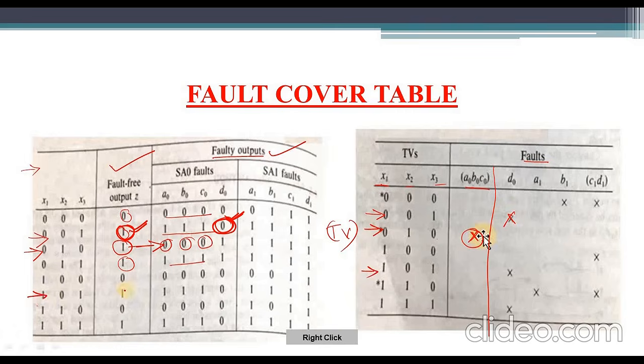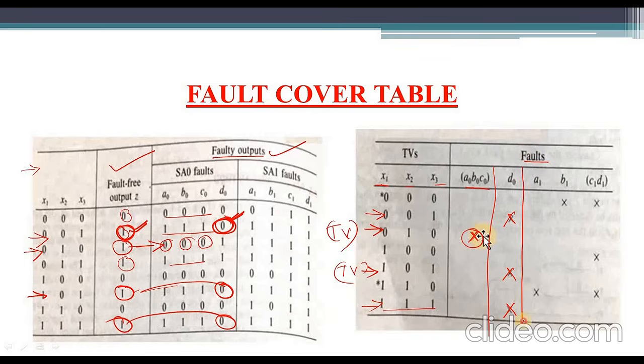The fault free output is 1, and the faulty output for D0 is 0. So this is also different, and that's why we put another cross mark here. This 1 0 1 is also called a test vector. Now observe 1 1 1. We get 1 here and we obtain 0 here. So this is different from this, and that's why this 1 1 1 is also called a test vector. We put one cross mark here. So D0 is also over.